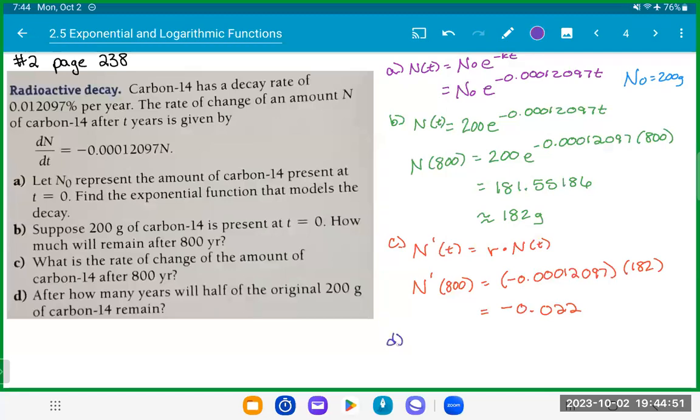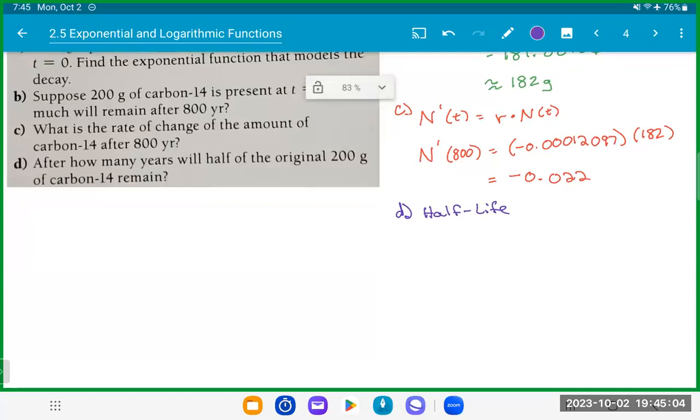So the last part here is the half-life, right? When we're looking at the half-life for this one, we can choose any one of the formulas. I tend to choose capital T equals ln of 2 over K, because then I'm already at half-life, because capital T is the half-life, right? So this would be ln of 2 over 0.00012097.